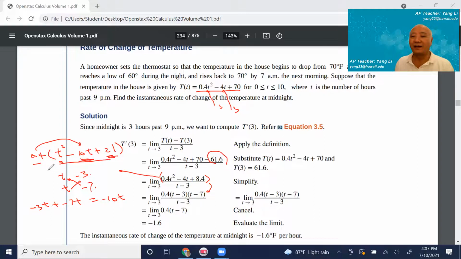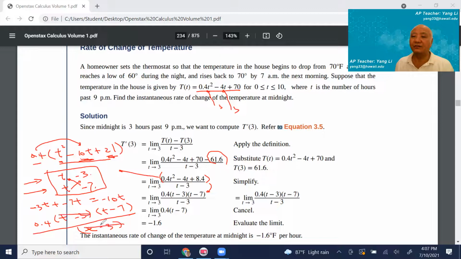Match with this one. As I mentioned before, use this method to do factoring, you write it horizontally. So this one you can write as t minus 3 and t minus 7. And this one you still have 0.4 in front. So that's why they got this one. And then the bottom one you have a t minus 3.